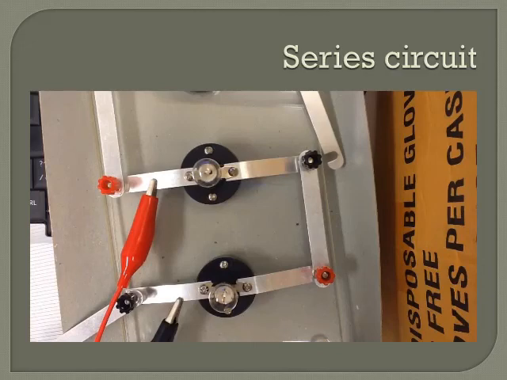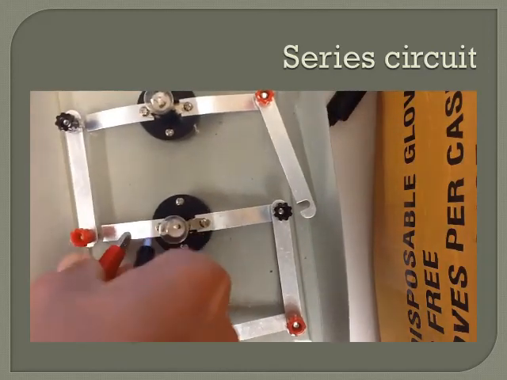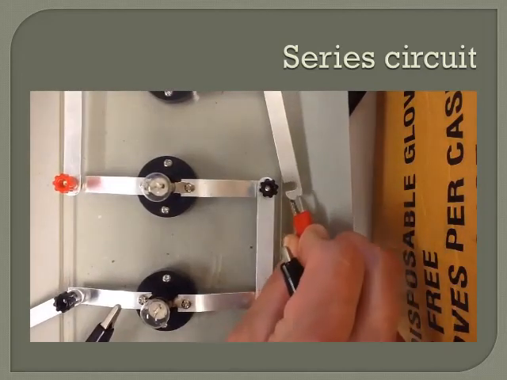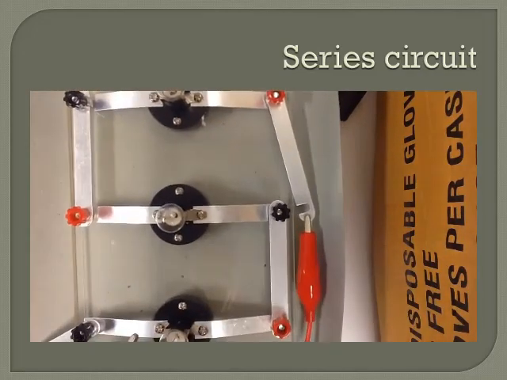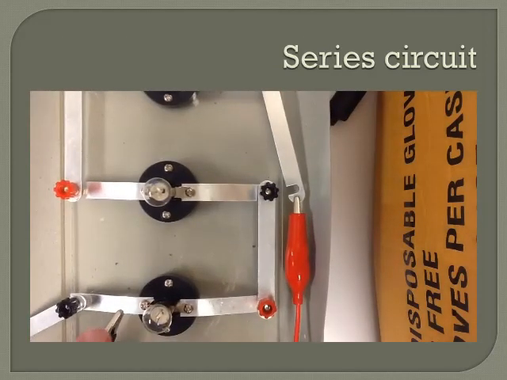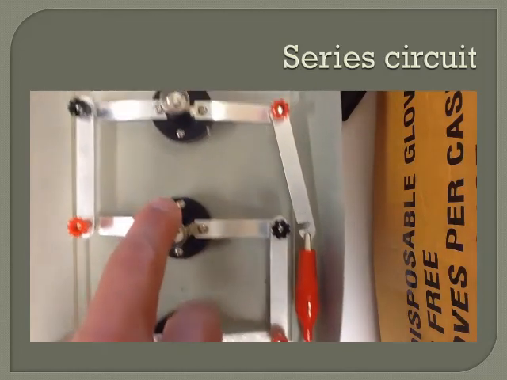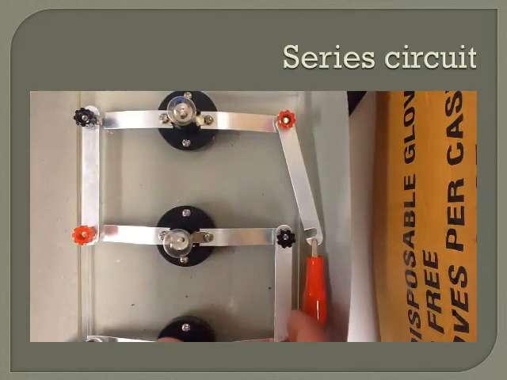That's a series circuit. Now I could actually add a third bulb in here if I wanted to, because notice I created a big old S path. So I could actually connect my wire across that third. So now notice I'd have energy and charges moving through this first bulb, going through the second bulb, going through the third bulb, then back to the battery.